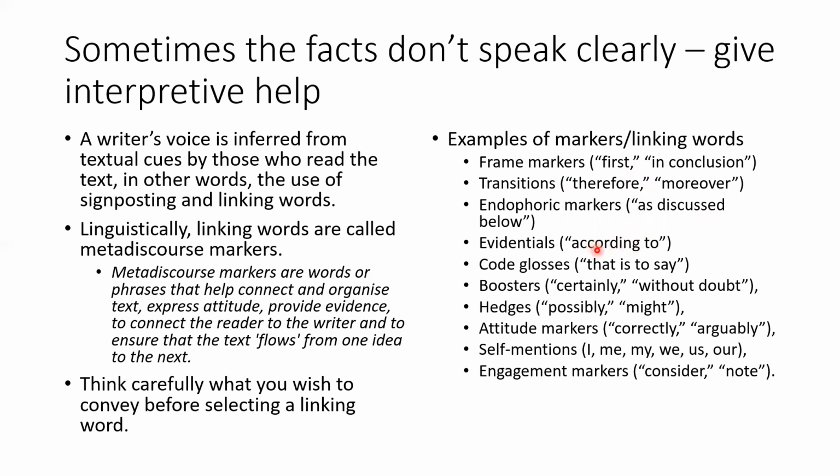Evidentials are usually used in our writing, where we state according to Smith and Jones and give a reference. Code glosses, that is to say. A booster is where you certainly agree with someone's writing, and a hedge you might possibly not agree, and so on and so forth.